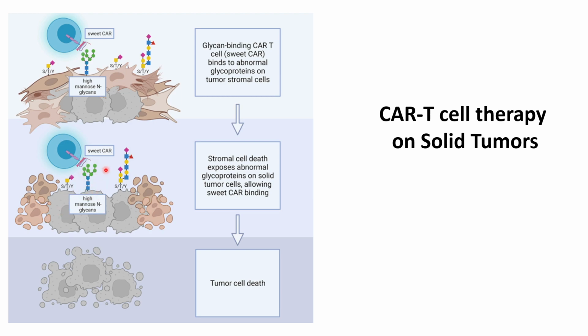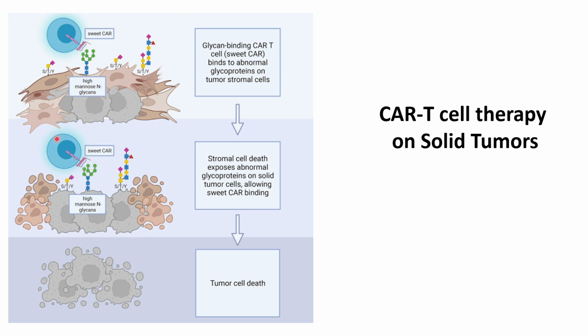In this example, it is shown that high mannose glycans are formed in the case of solid tumors, whereas in normal mammalian cells, we do not see any high mannose glycans, especially in the human cell system.